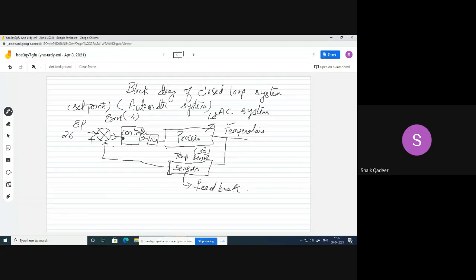What should be the role of this controller? Its role is to make this negative error null, that is 0, ideally. In doing this, it creates an output called control action.